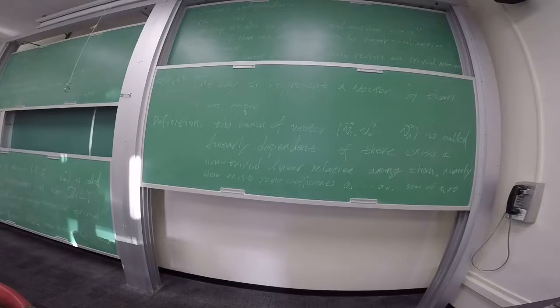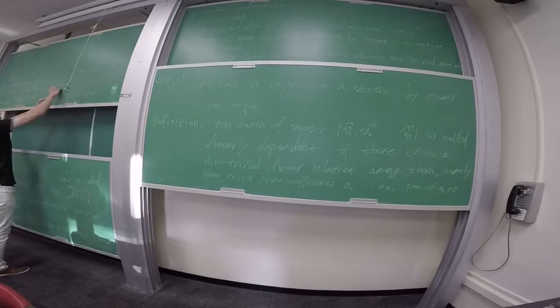What other value do you want to plug in? 1? Okay, let's plug in 1. I suggest plugging in -2, but let's do 1. If you plug in 1, you get a plus b plus c equals 0, right? But you already know c is 0, so you know that 4a plus 2b is 0, and a plus b is 0.